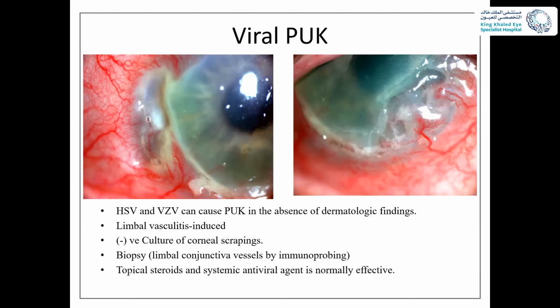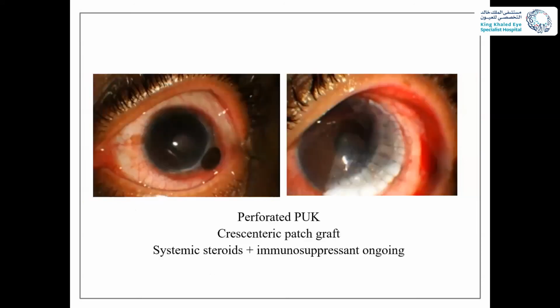It will make it easy for you if you have keratitis in association, if you have reduced corneal sensation, or if you have a patchy iris atrophy that will aid you to go for this kind of differential diagnosis. Now, topical steroids in association with antiviral agent can give good results.